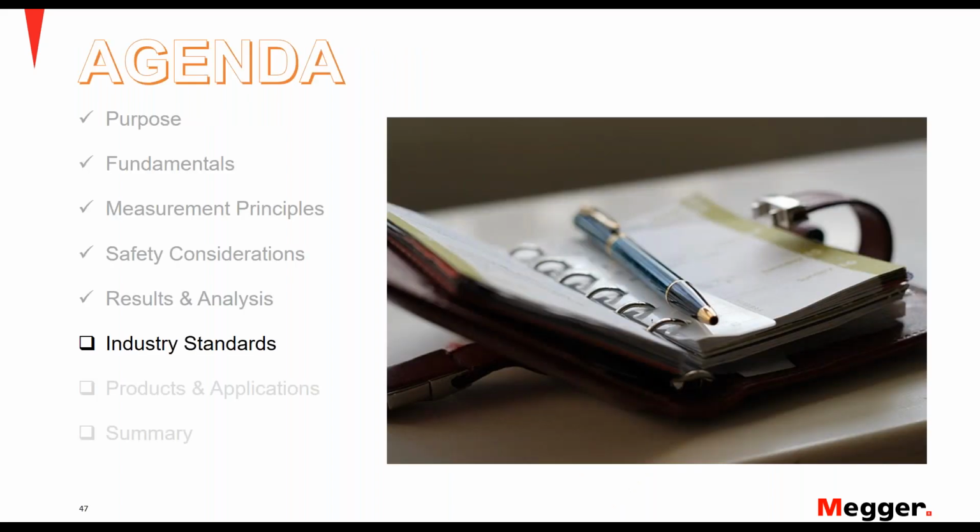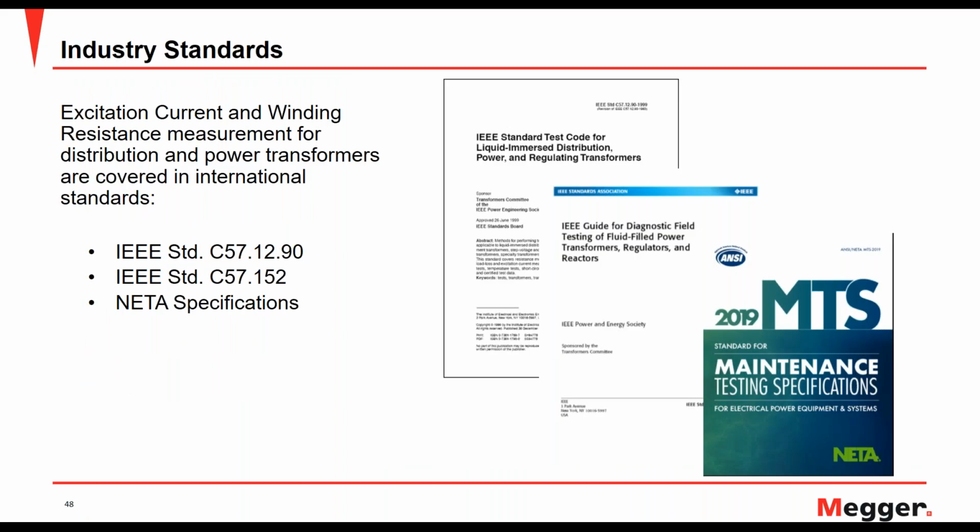Now let's look at the industry standards that govern both of these tests that we looked at today, winding resistance and excitation current. Both these tests are covered in international standards such as IEEE standard C57.12.90, which is the test code, and IEEE standard C57.152, which is the diagnostic field testing guide.